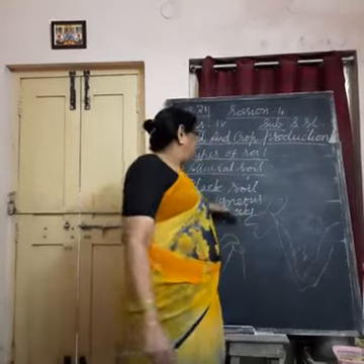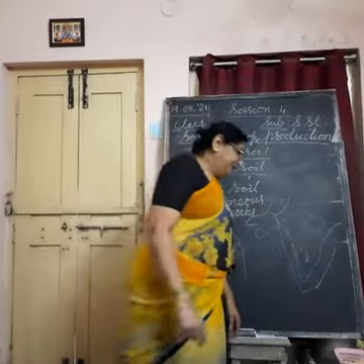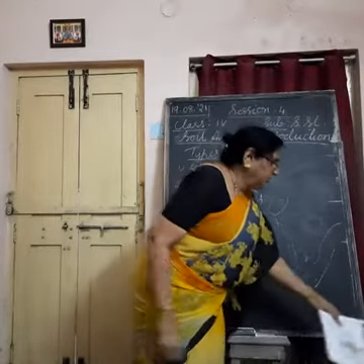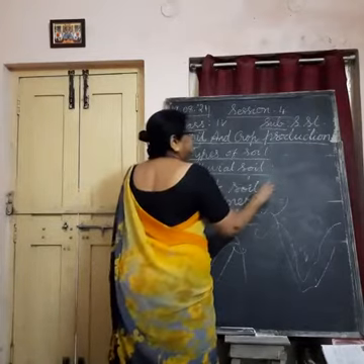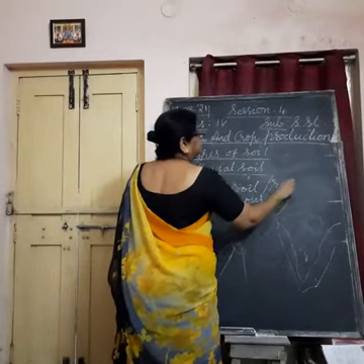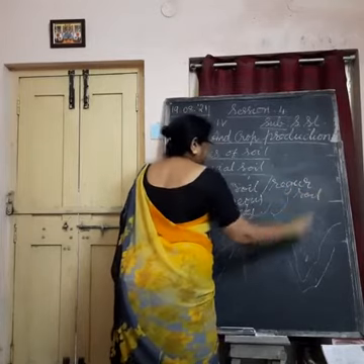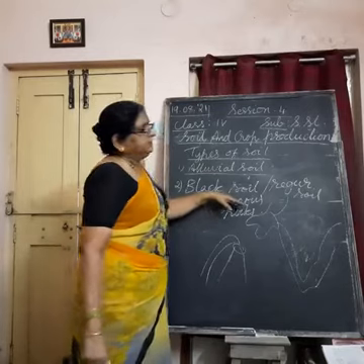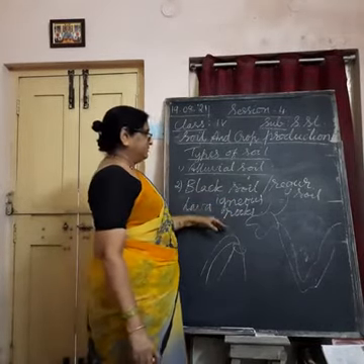This type of weather and soil is suitable for growing cotton. This black soil is also called regur soil. Understand? It is formed by breaking of the igneous rock, and it is black in color.